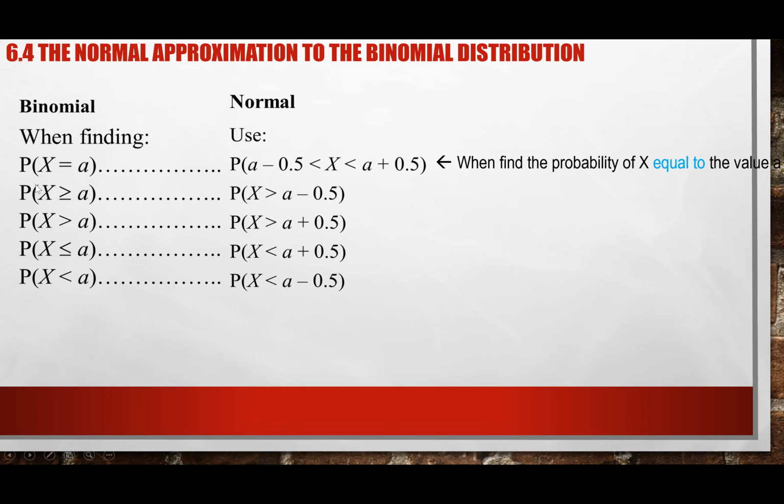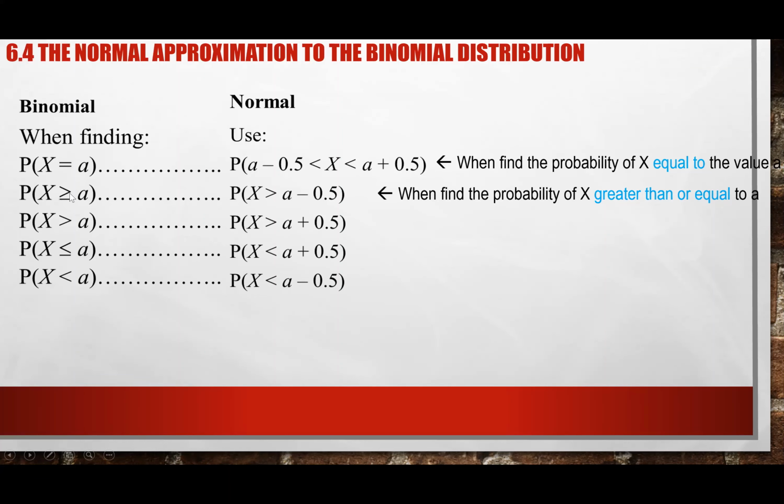And if you're looking for X greater than or equal to A, to use the normal distribution, basically this is what they tell you: find the probability of X greater than or equal to, which means we include this value.